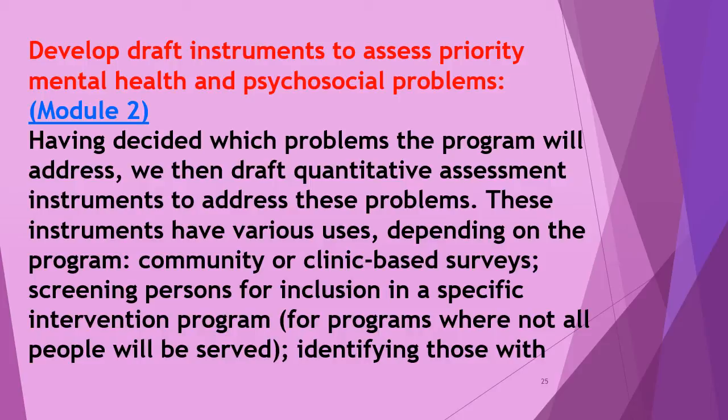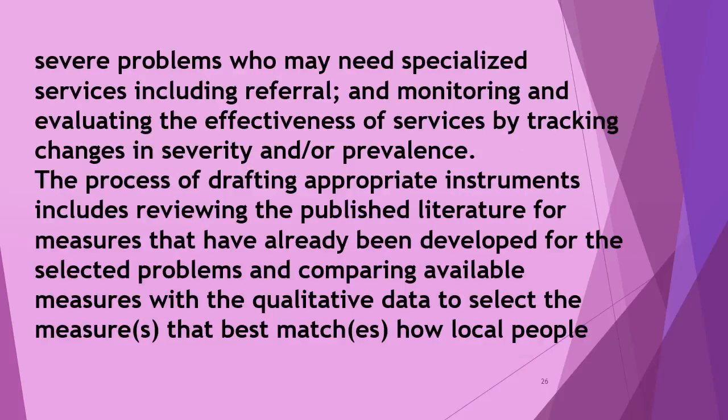These instruments have various uses depending on the program: community or clinic-based survey, screening persons for inclusion in a specific intervention program, identifying those with severe problems who may need specialized services, including referral and monitoring, and evaluating the effectiveness of the services by tracking changes in severity and prevalence.